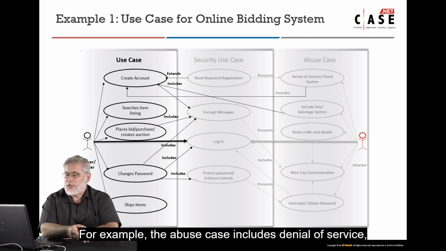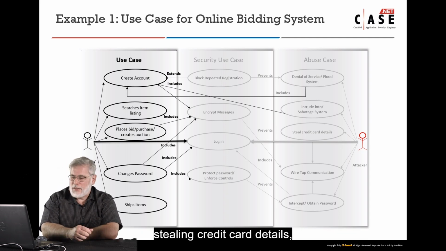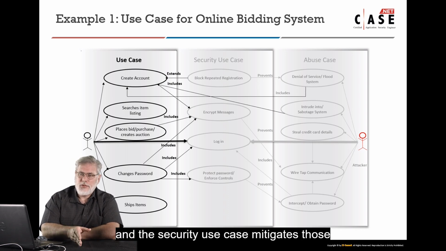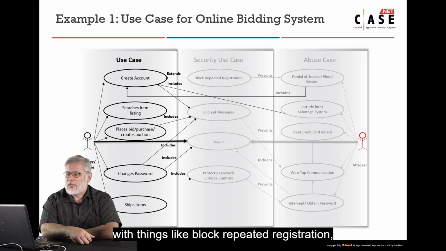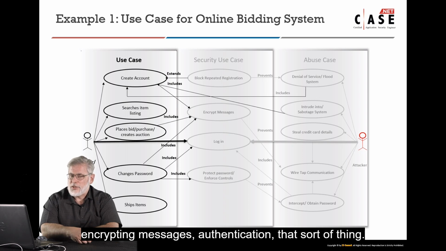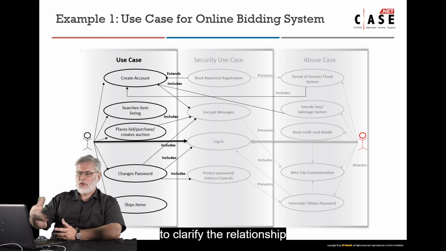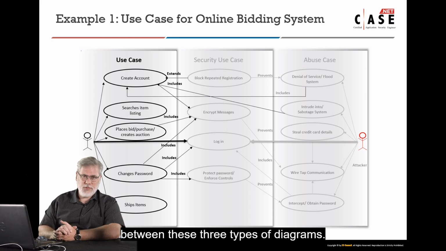For example, the abuse case includes denial of service, stealing credit card details, wiretapping communications, and the security use case mitigates those with things like block repeated registration, encrypting messages, authentication, that sort of thing. So this particular screen really helps to clarify the relationship between these three types of diagrams.